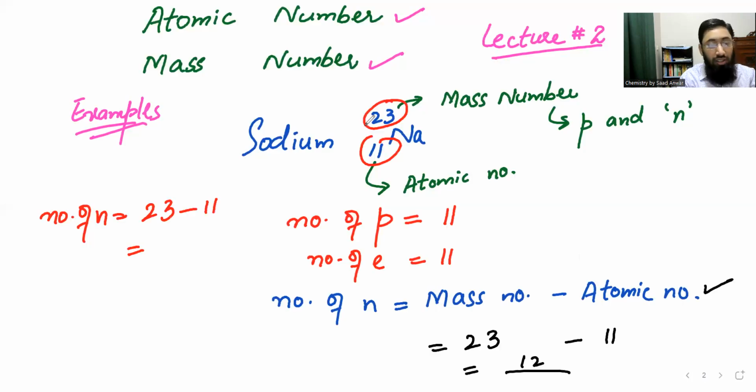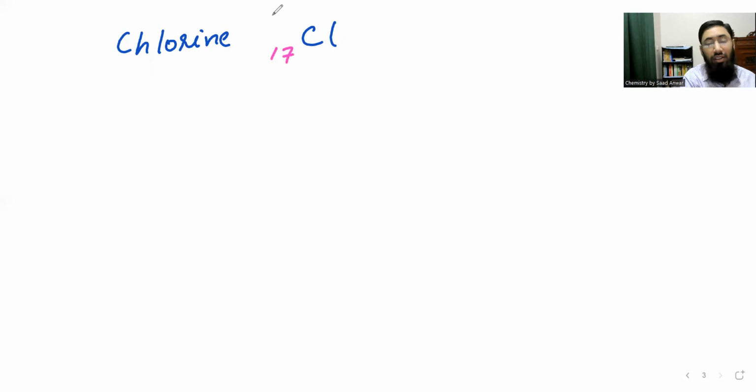Take one more example. You can take a screenshot. This is our next page, and I have taken one more example from the periodic table. This is chlorine. Chlorine is a poisonous gas. Its symbol is Cl, its atomic number is 17, and its mass number is, I guess, 35.5. So how many protons are there?